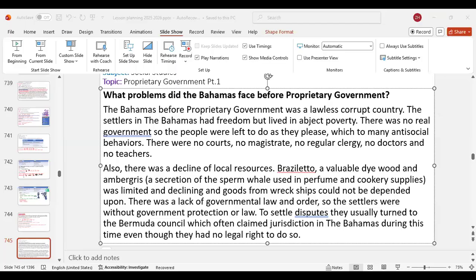Amari, very good. Kamara, very good. Casey, very good. Tyler, very good. Dosia, very good.